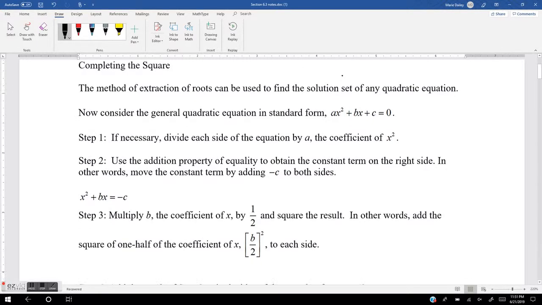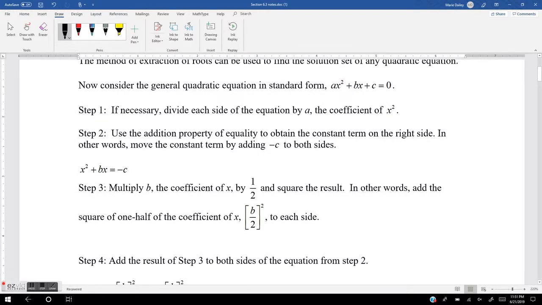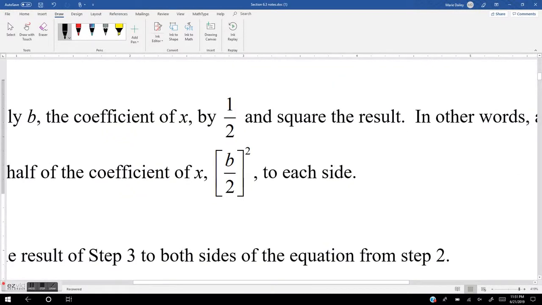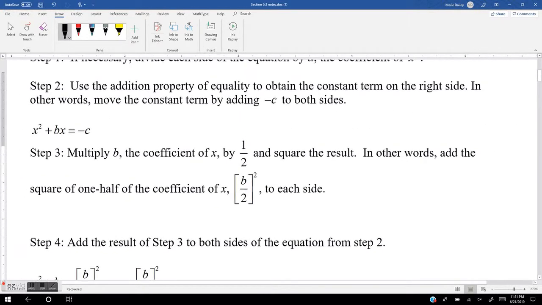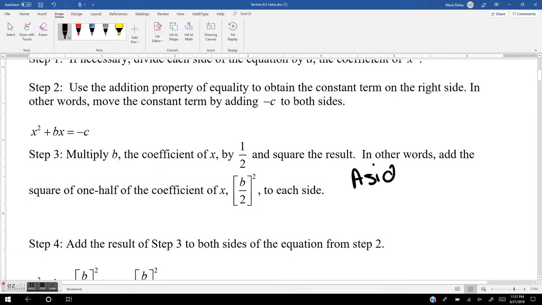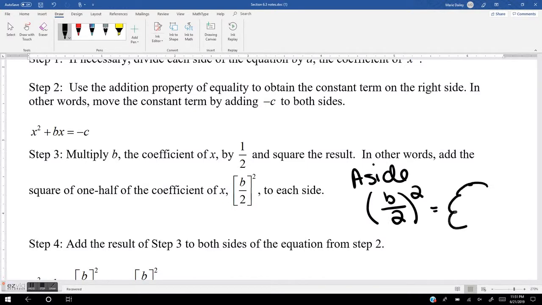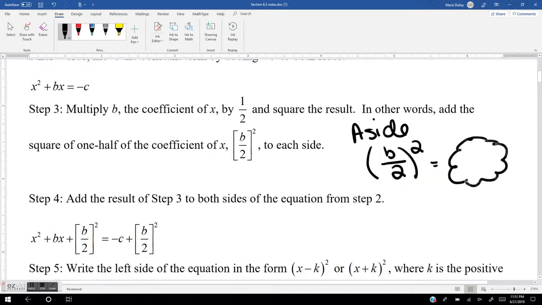The third step then is what I typically refer to as the aside step. Now this aside step is you're going to take the middle term, divide it by 2, and then square it. This will then give you some number, which I uncreatively call the magic number.